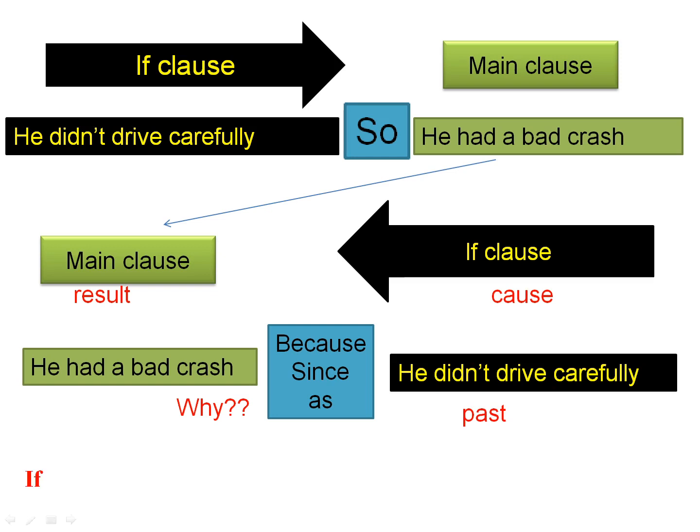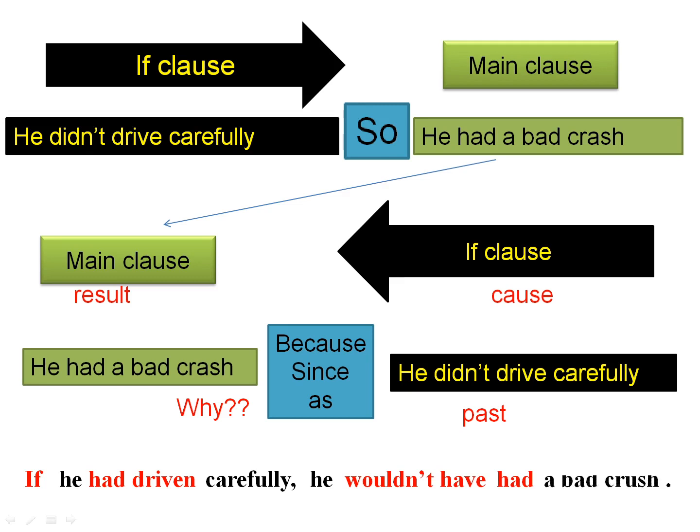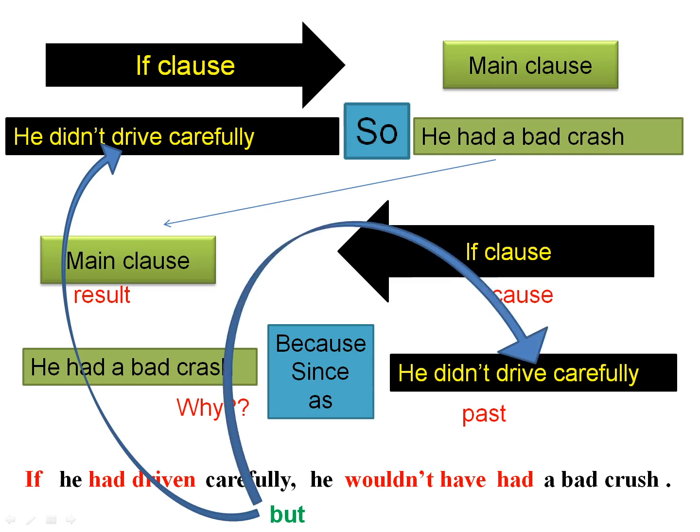Now, this is the past. And if we want to use if, we're going to say if he had driven carefully, he wouldn't have had a bad crash. But, very important, he didn't drive carefully. So that's what happened in the past, okay?